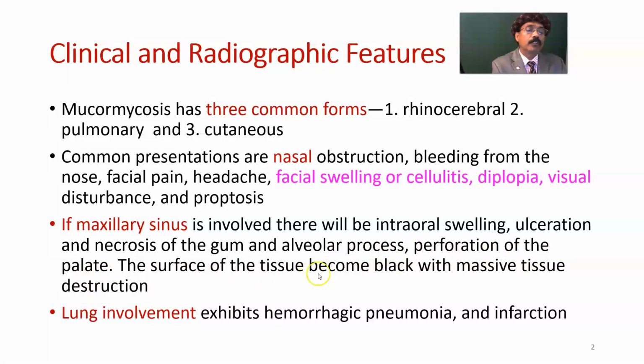The surface of the tissue becomes black with massive tissue destruction due to necrosis. Lung involvement exhibits hemorrhagic pneumonia, multiple thrombi, and peripheral pulmonary infarction. Skin involvement may show a lot of ecchymosis and skin nodules.